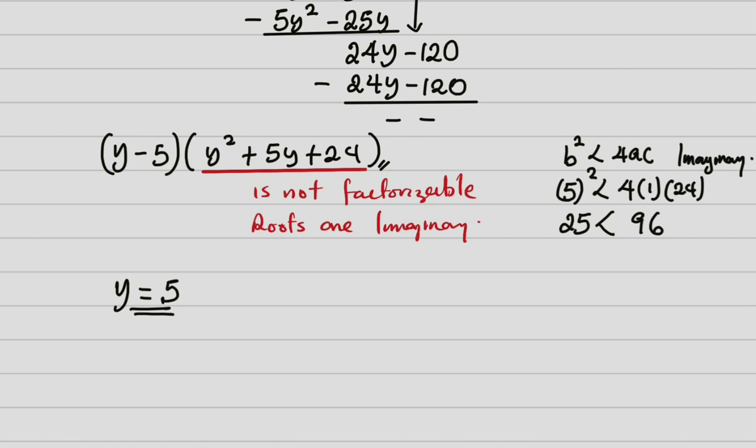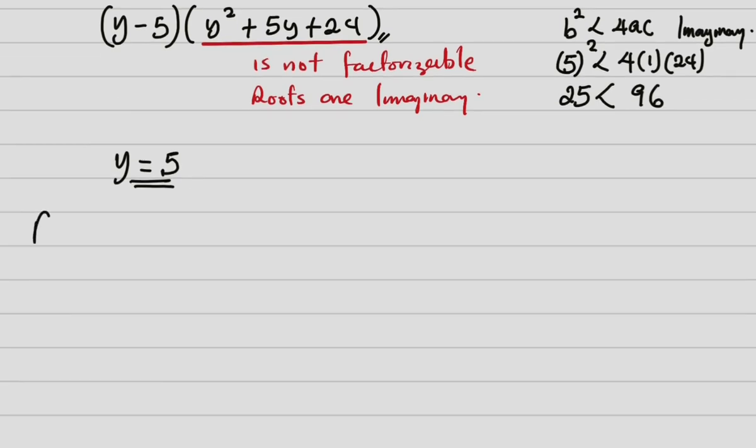So if y is equal to 5, recall that we made mention that let y be equal to 2 raised to power x. Now, what I'm going to have here is 5 equals 2 raised to power x.